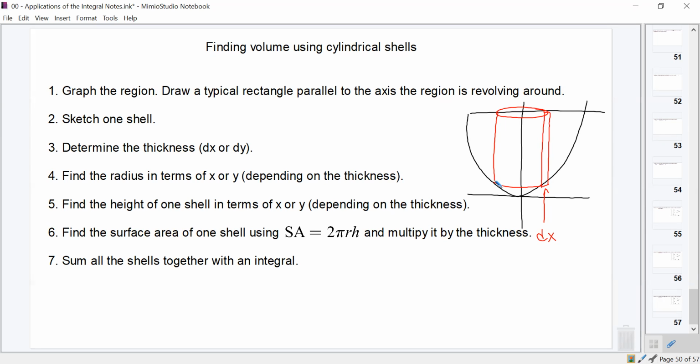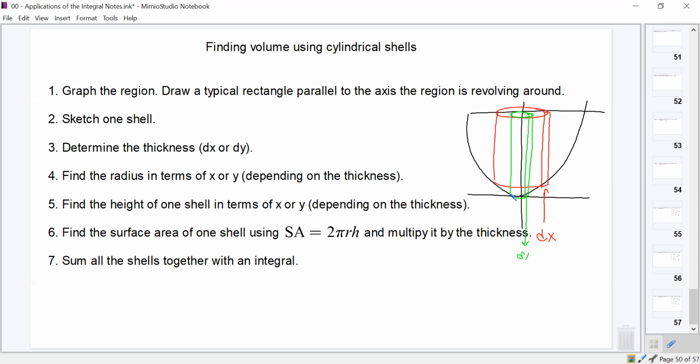a hollow cylindrical shell. Basically, you can think about it like the end of a roll of toilet paper. You've just got that little cardboard tube that's really thin, and it's the hollow cylinder. We're going to think about this problem as if we have an infinite number of these little rectangles, all with an infinite thinness of dx that are being revolved around here.